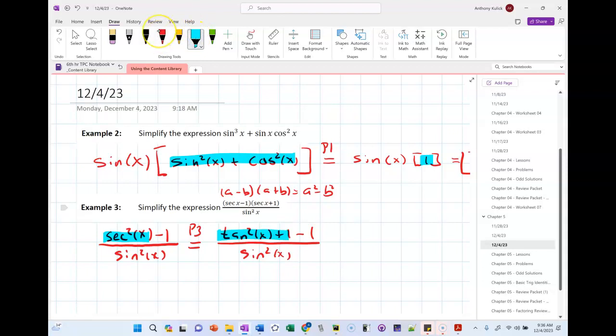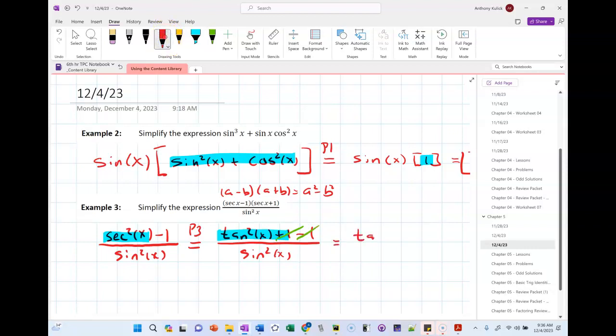And now at first glance, you might say, Mr. Kulik, doesn't that make it worse? Now I have 3 things added together on the numerator instead of just 2 things? Well, if you look carefully, there's a nice algebra thing now to do, right? What can we do? Yeah, plus 1 and minus 1 just cancel each other out.